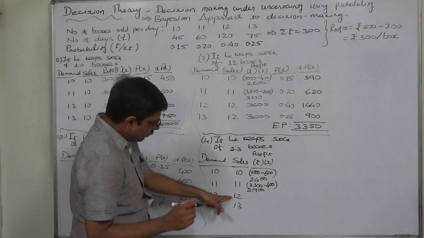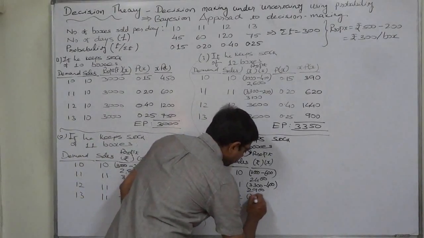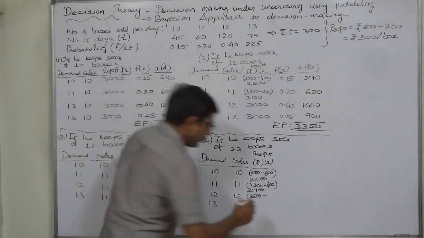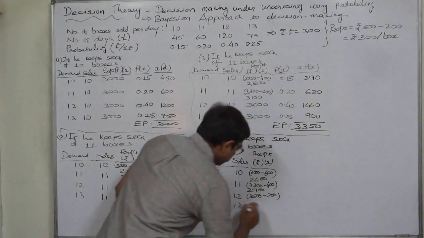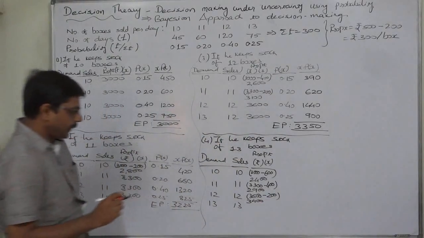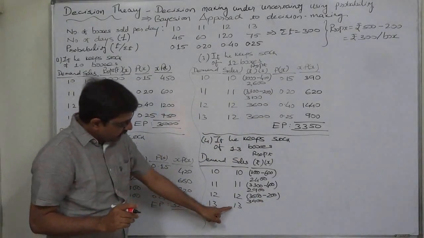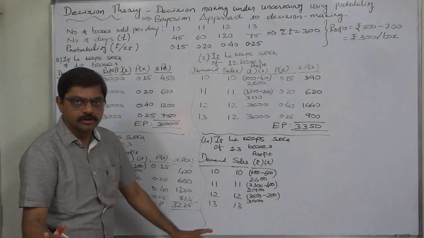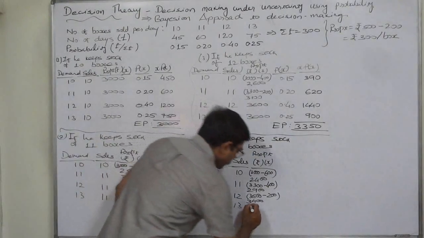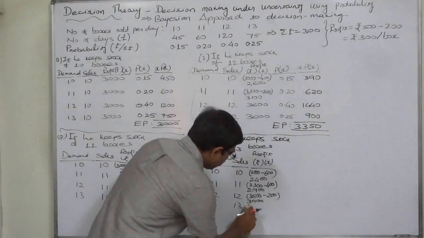If he sells 12 boxes, his profit comes to 3600, but he has 1 unsold box and loss on it is 200, so his profit comes to 3400. And if he sells all the 13 boxes, there will be no loss on account of unsold boxes, so his profit will be 3900.